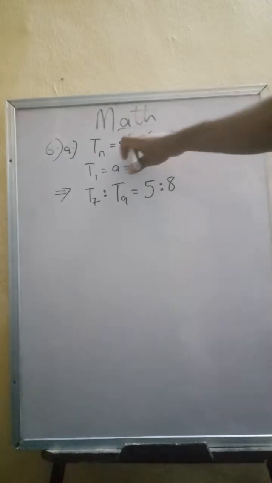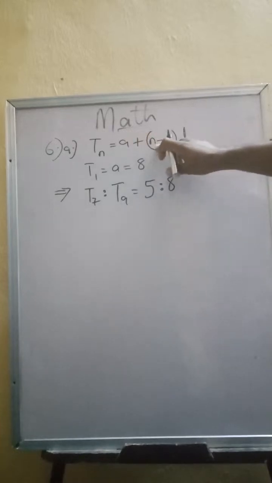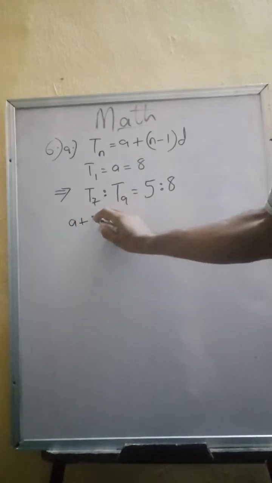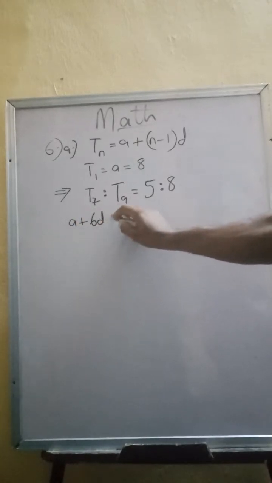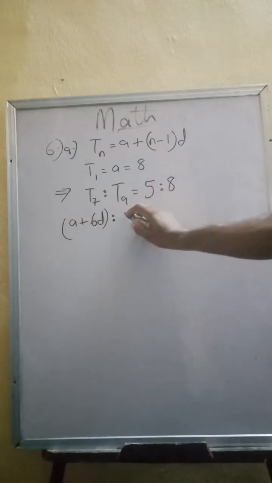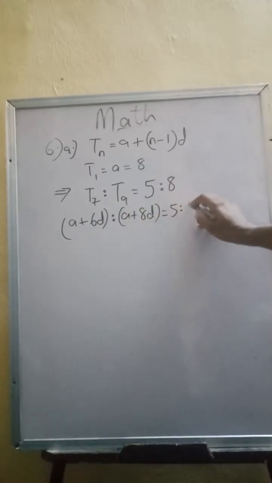Now, following the nth term, if 7 replaces n, you have 7 minus 1, which is 6. So I'm going to have a plus 6d is to a plus 8d, and that's 5:8.